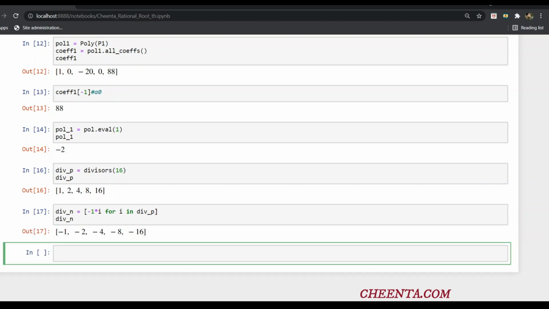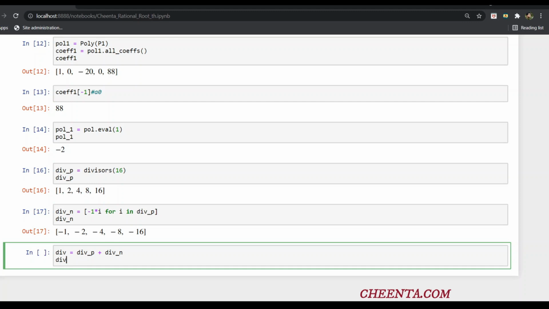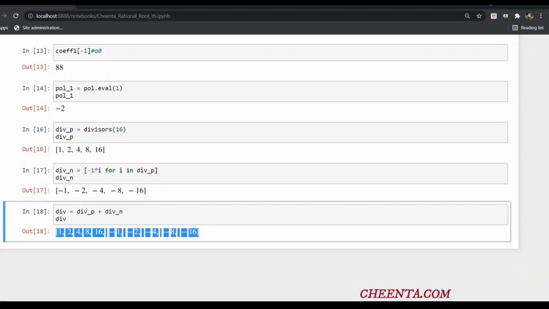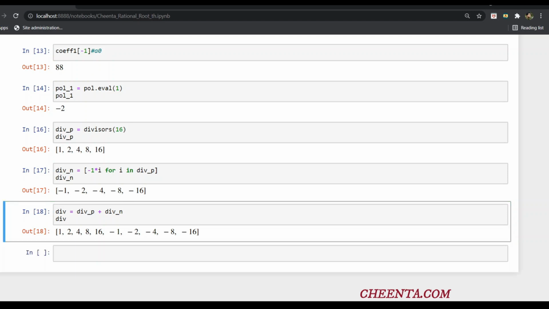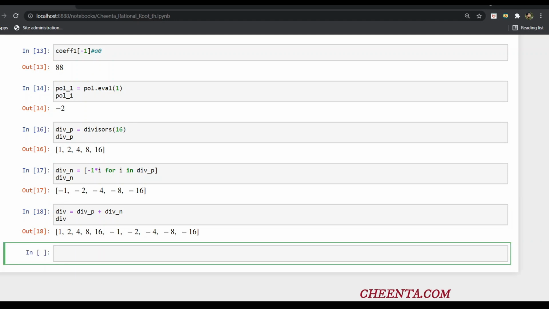Okay, and then I can create a total list of the positive and negative divisors using the concatenate method of Python, and it will give me all the possible divisors. Okay, as you can see here it is. Okay, so I hope it is clear. Now you have all the tools to actually write a code to find if a number is irrational or not.